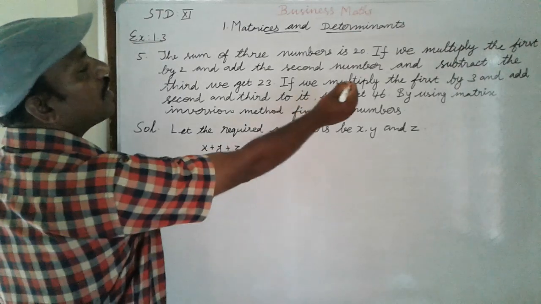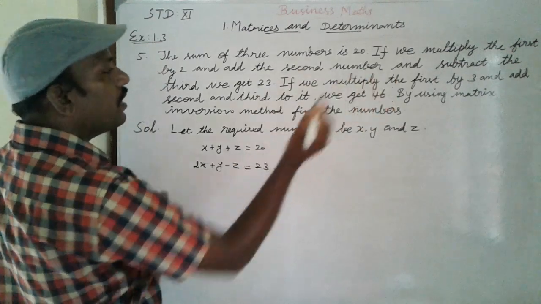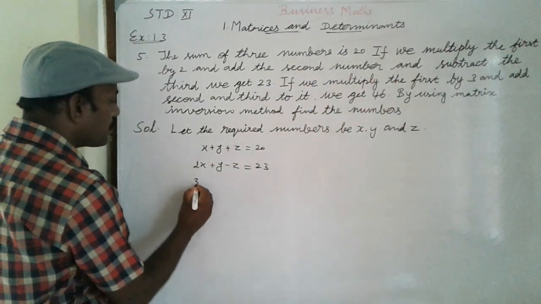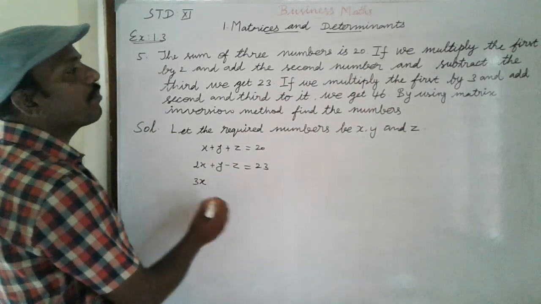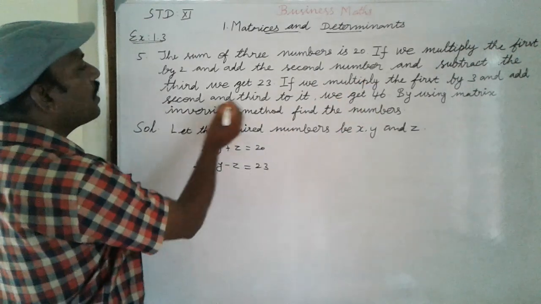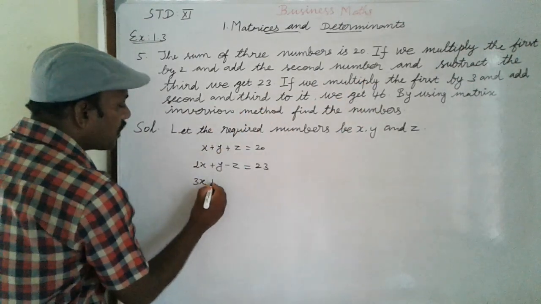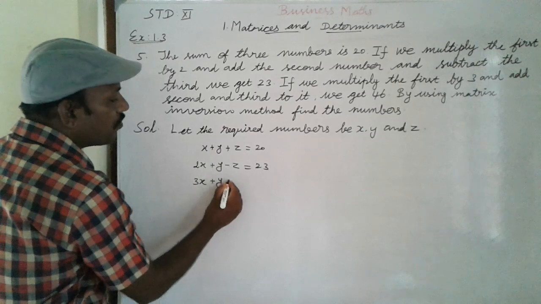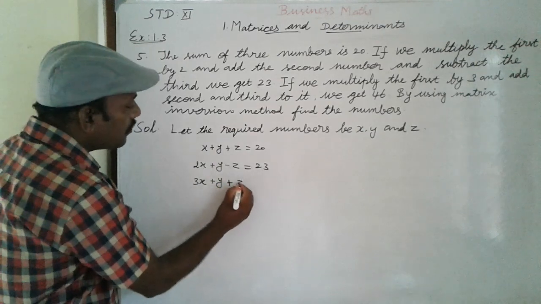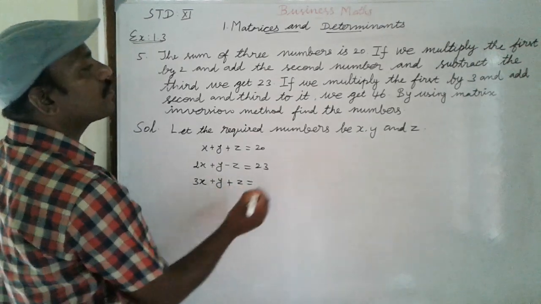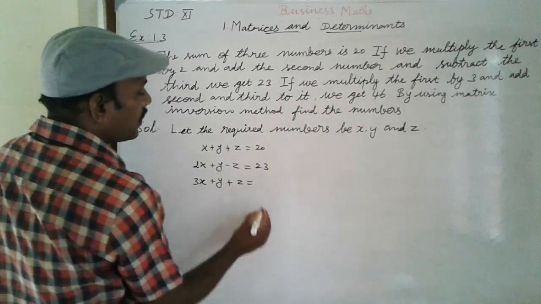Next, if we multiply the first number by 3, we get 3x, and add the second and third, y plus z, we get 46.